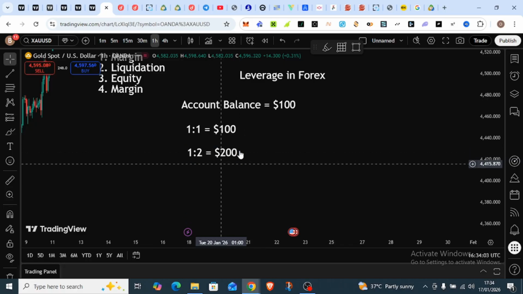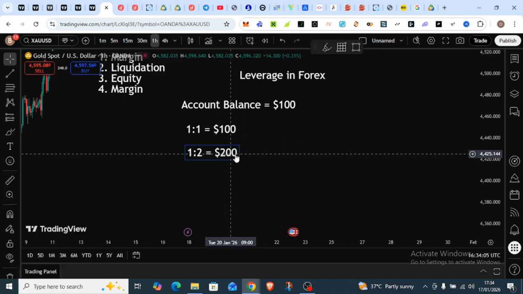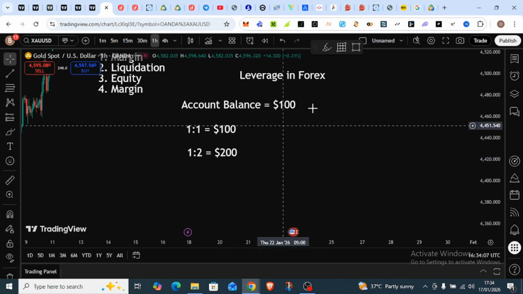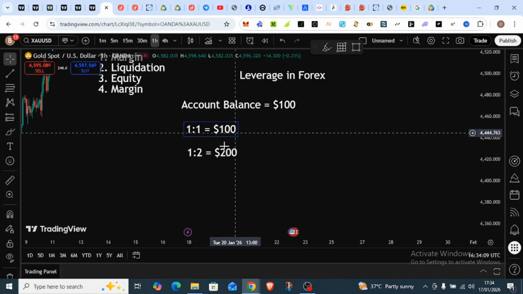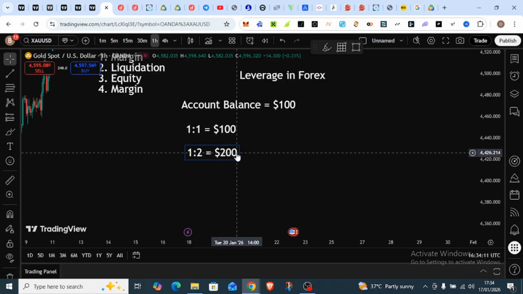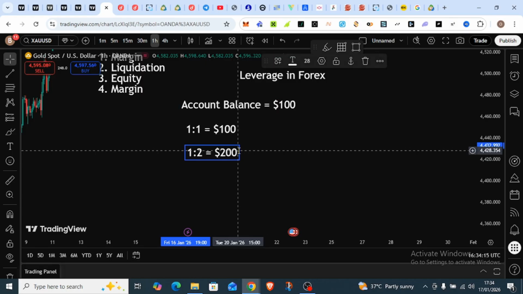So the maximum units you can buy from a $100 account is $200 using 1:2 leverage. Let's take another example.